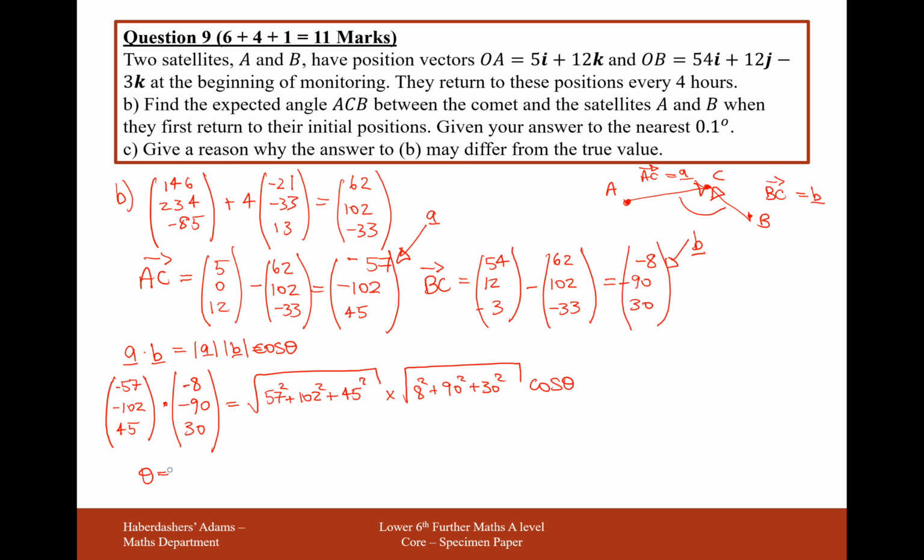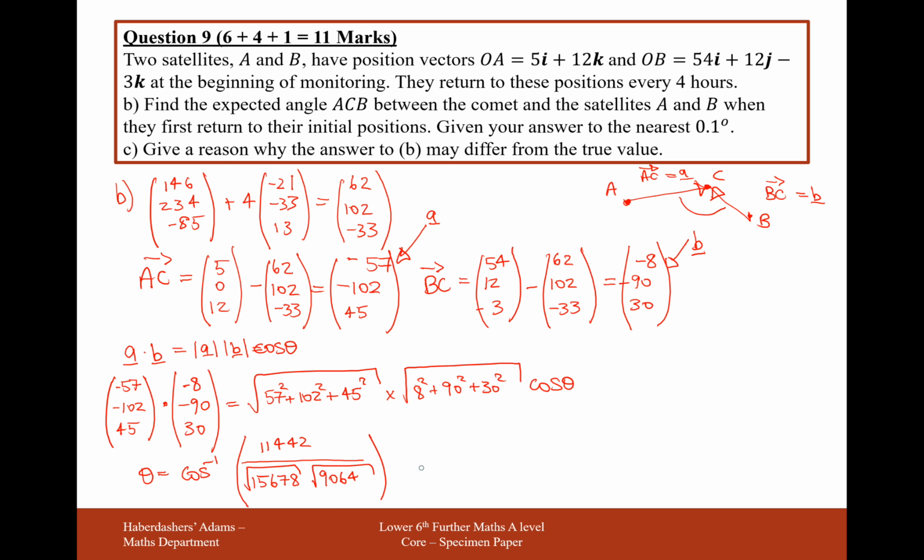And by the time we get round to it, we need to do cos minus 1 of, so it's going to be the dot product of this first part here, which is 11442, and then divided by these two moduluses. So the first one is going to be the square root of 15678, funnily enough, and the modulus of the second one that we'll divide through by is the square root of 9064.